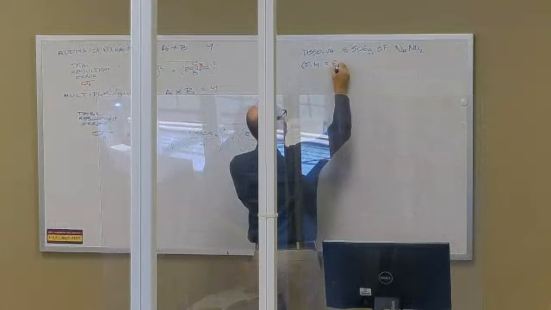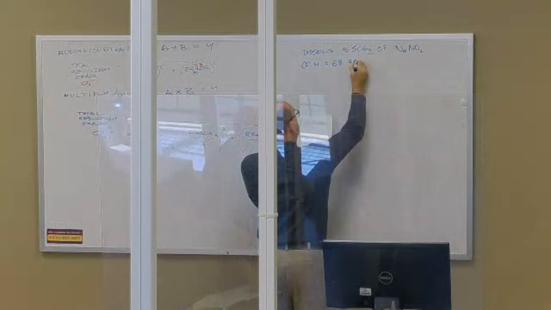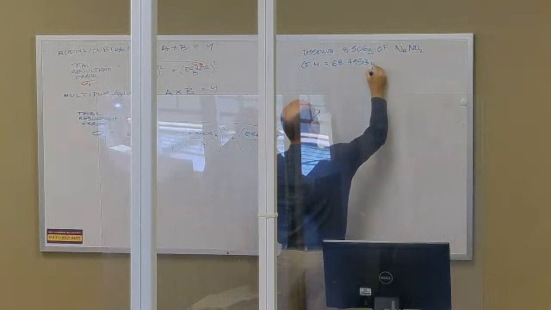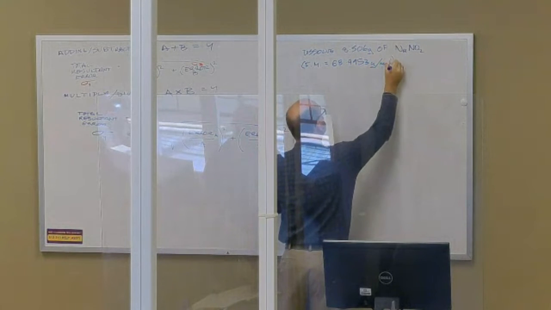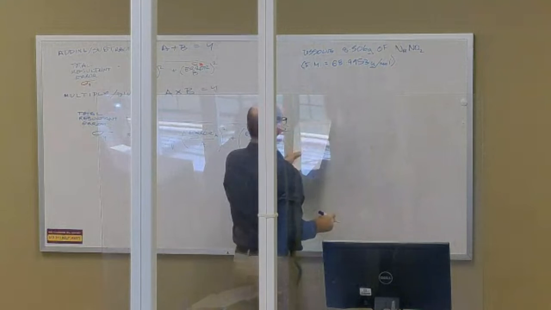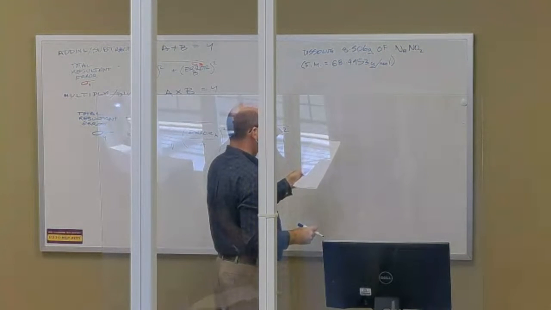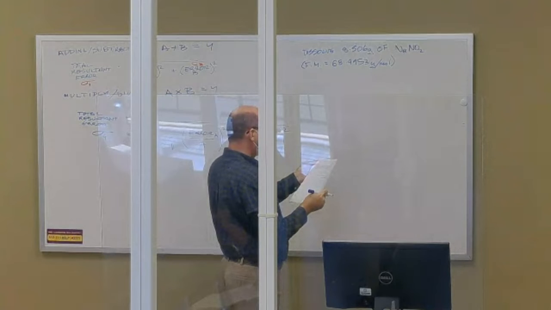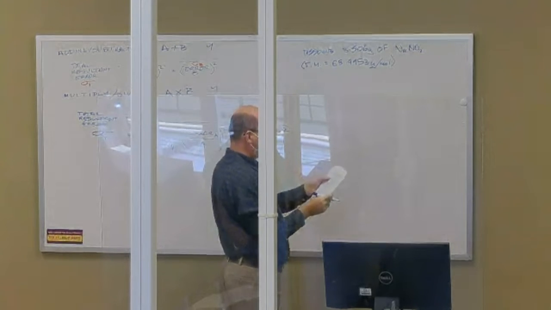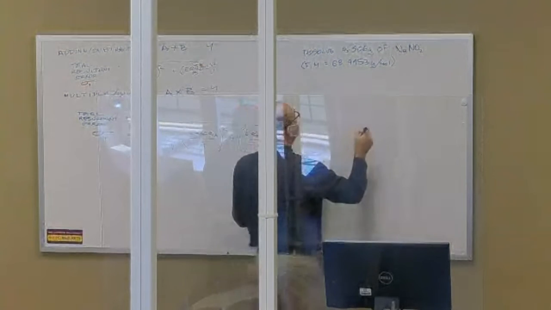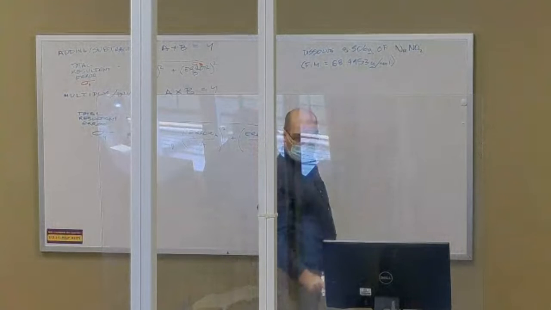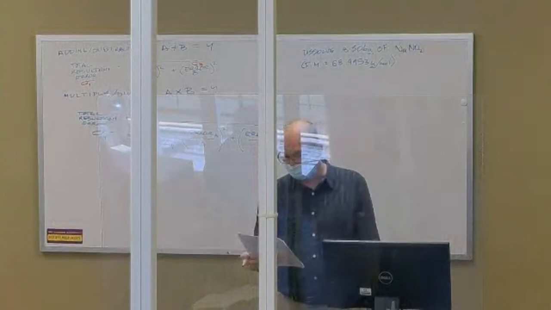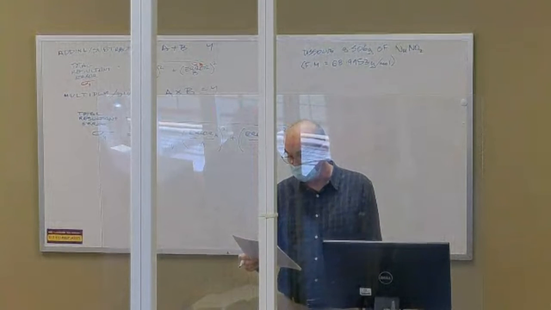that is equal to 68.9953 grams per mole. And it says that we weighed it on a balance that has a tolerance of plus or minus 1 milligram.